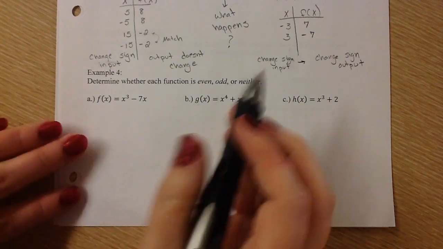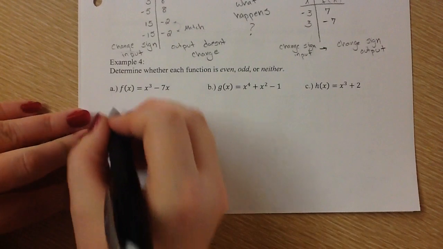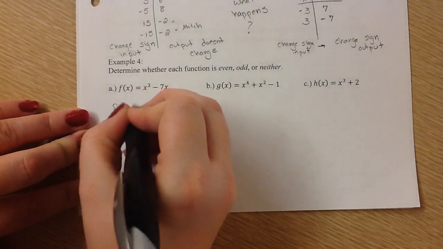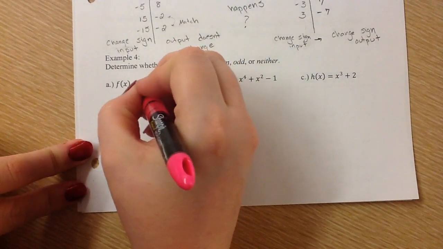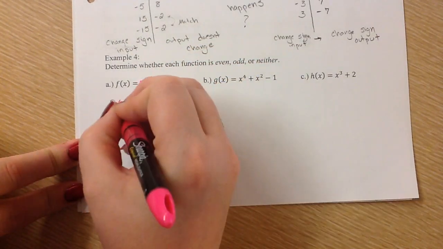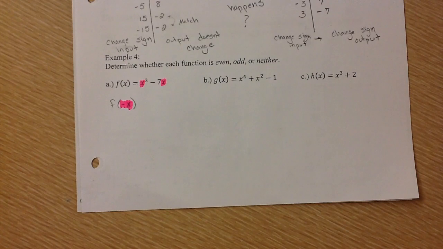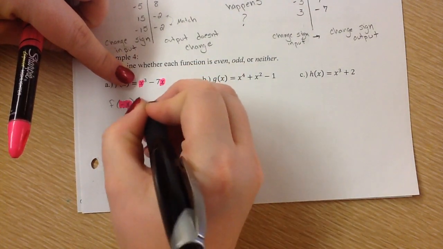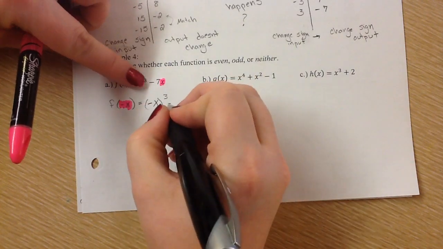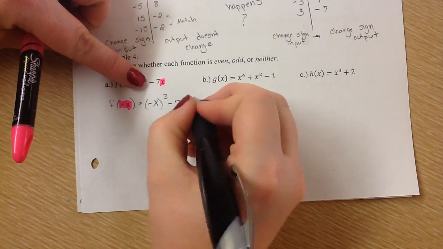So to do that, I'm going to put a -x into my function. So we're going to go f of -x. What that means is I want to replace these two x's, that one and that one, with a -x. So instead of having x to the third, I'm going to have a -x to the third, minus 7 times -x.